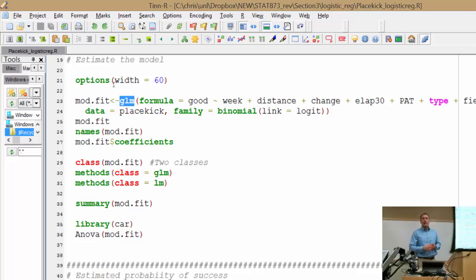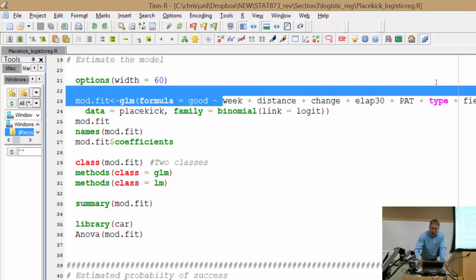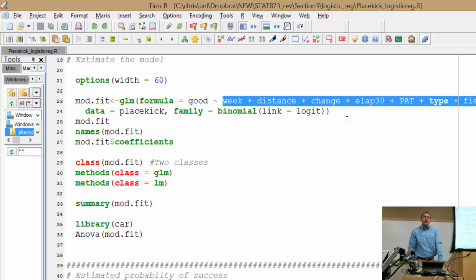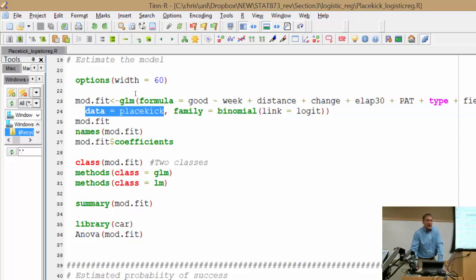And we use a very similar syntax to what we saw with the LM function. We specify in the formula argument what our model is in the correct R syntax. If you remember, our response variable is good. Good is equal to 0 for a failure, good is equal to 1 for a success. Then a tilde separates the response variable from the independent variables. I put in there all my different independent variables, separated, of course, by plus signs. And then I specify where my data is.